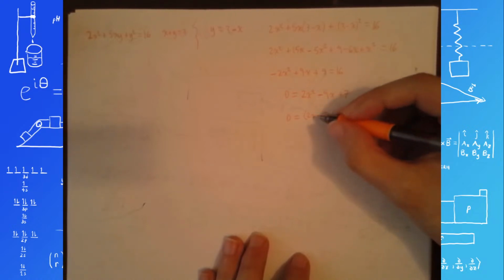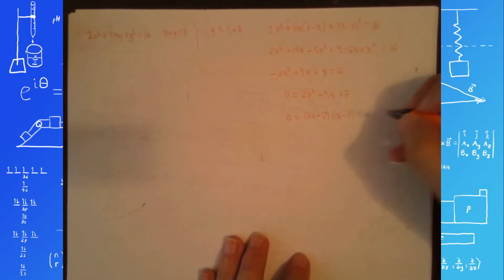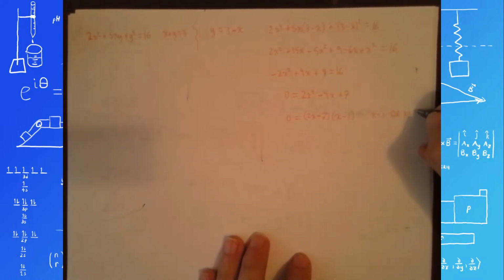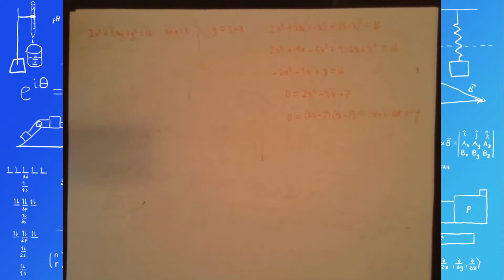Minus 7x minus 2x gives me minus 9x. Okay, and that leaves me with the possibilities that x equals 1 or x equals, let's see, if it was 7 over 2, that would become 7 minus 7 equals 0, so x equals 7 over 2. Those are my possibilities.